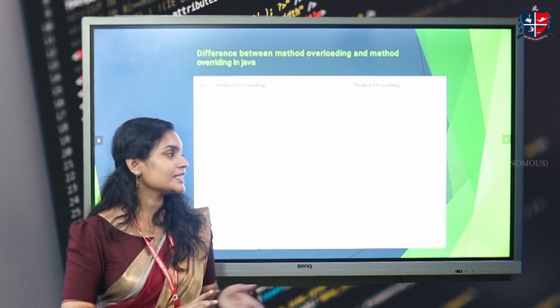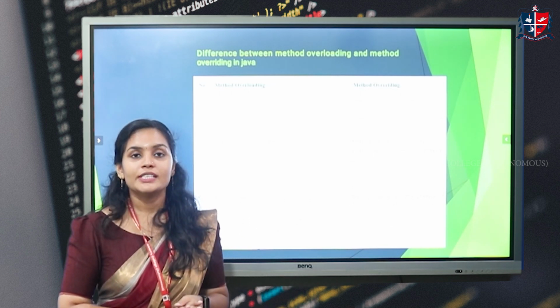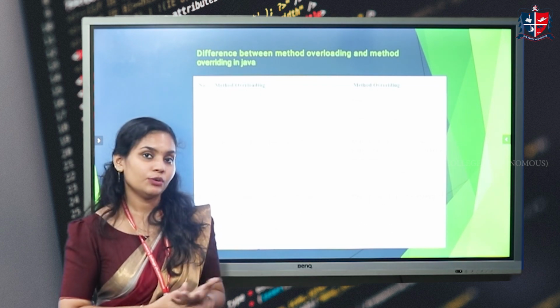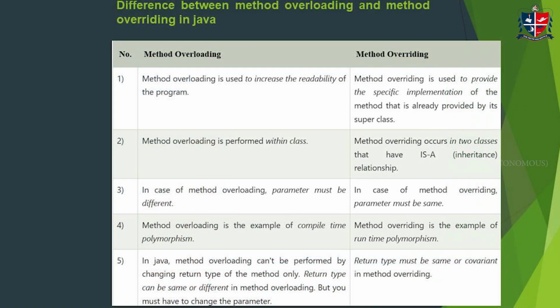We access the functions by using the object. If we create an object of the subclass, it will access the function of the subclass. These are the main differences between method overloading and overriding.